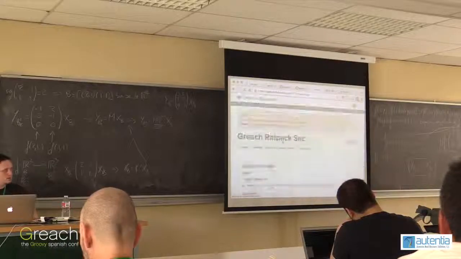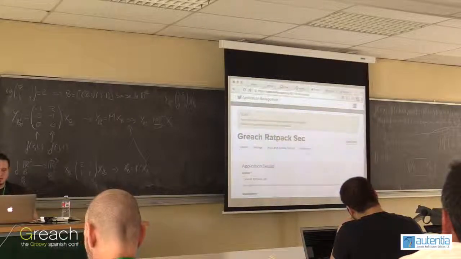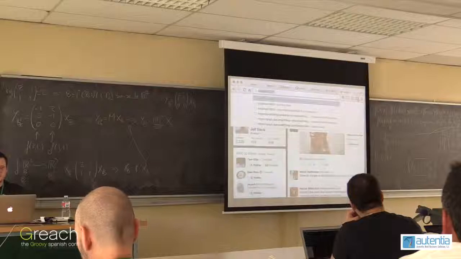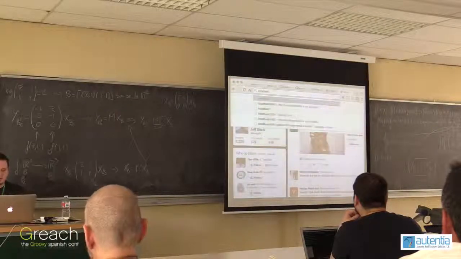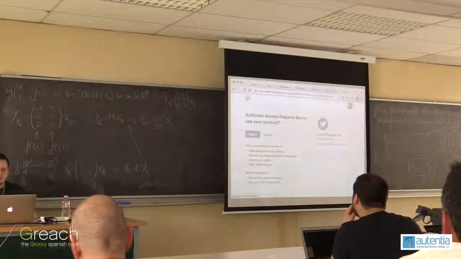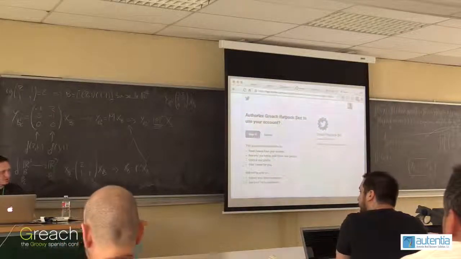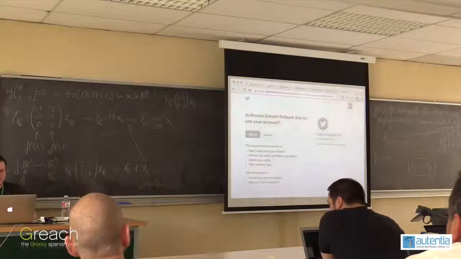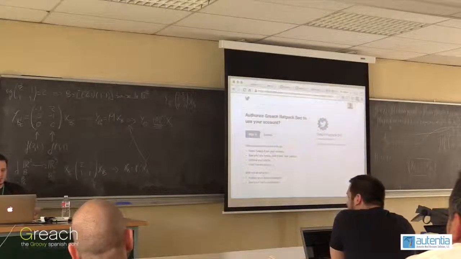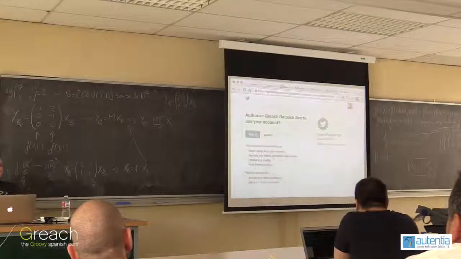I think you can use the IP address instead. There we go. So you have to have something in the callback URL for it to work, but it doesn't have to be the thing you're actually going to. I don't know why. That's a Twitter thing.